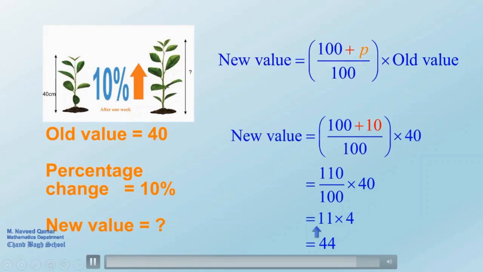Finally, we have 11 into 4 and hence we have 44 as the final answer. Means after 1 week, the height of the plant is 44 centimeter.